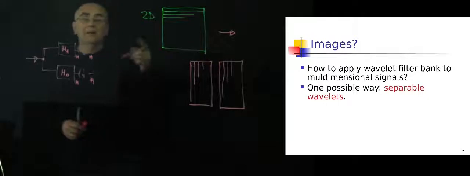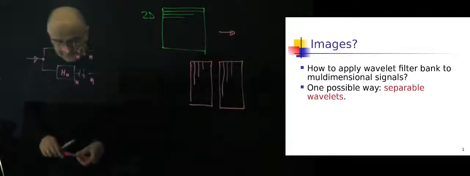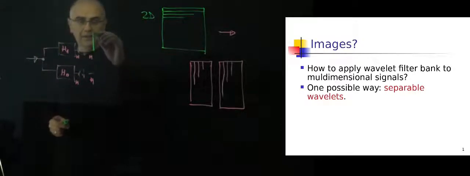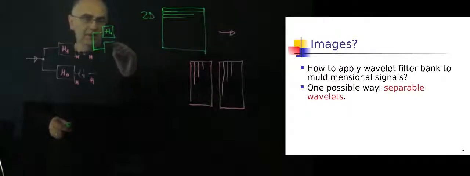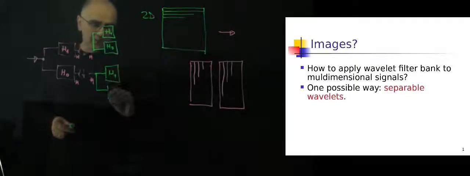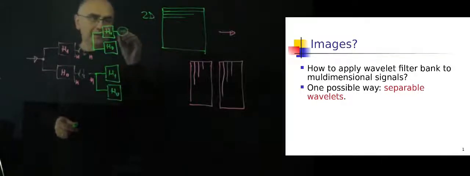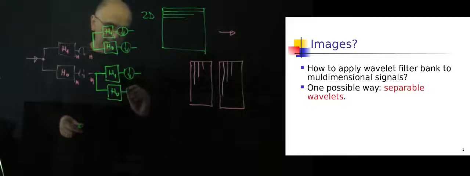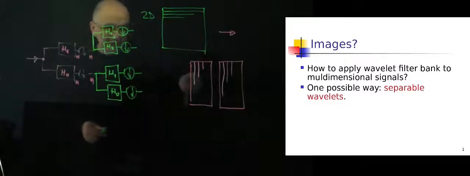Columns are one-dimensional signals again, and we are applying the same set of filters, H1, H0, and again H1 and H0, as well as the decimators, but this time in the vertical direction.